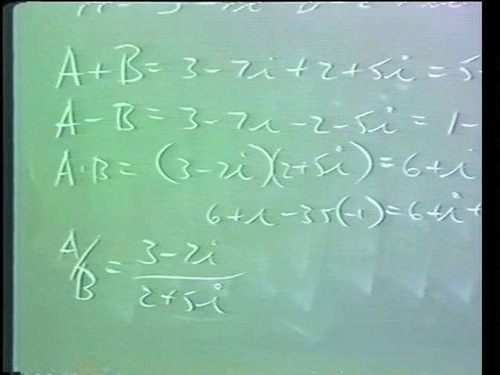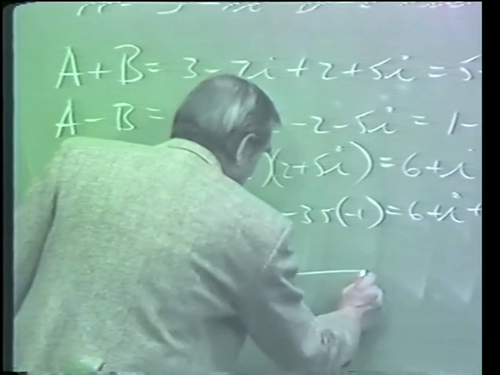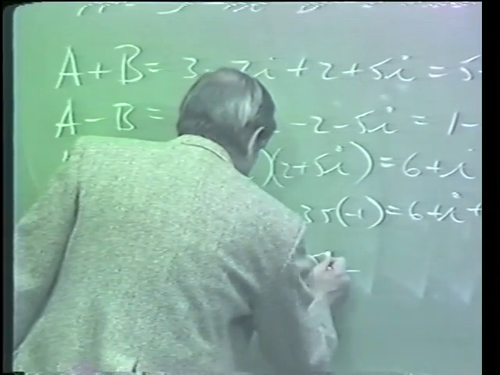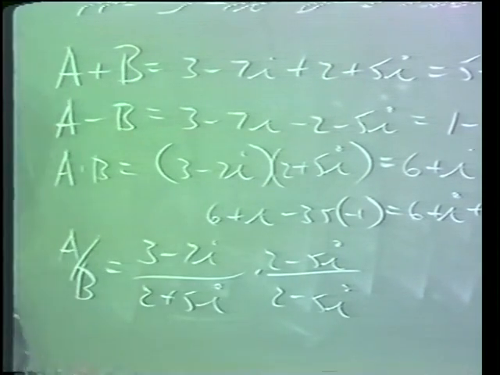How? We're rationalizing the denominator. How are we going to rationalize it? Well, we're going to have to multiply both top and bottom by the conjugate of the denominator. So that would be 2 minus 5i. This is what we're multiplying both numerator and denominator by.